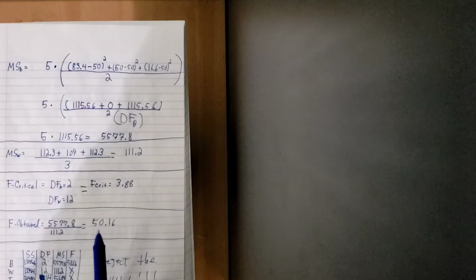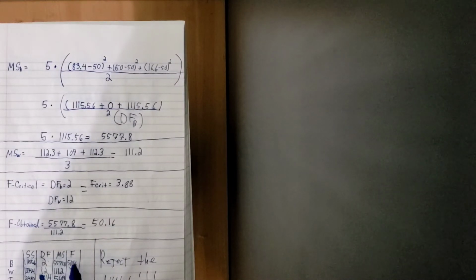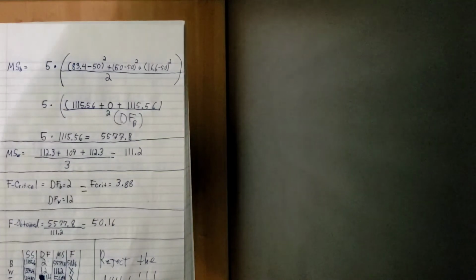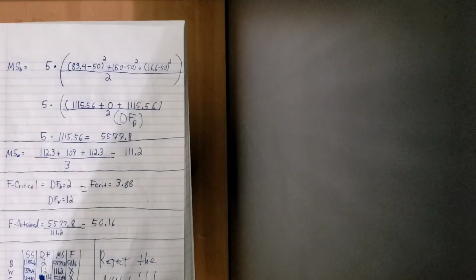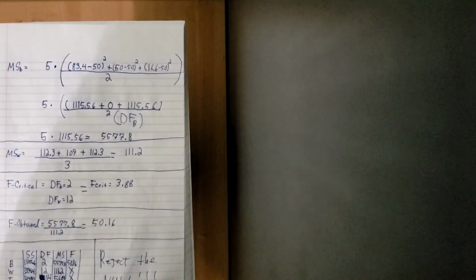Also, for future reference, your F times your MS within will give you MS between as well. As far as your totals, they will be used for different effect sizes, which we will be completing starting next week's classes after test 2. Okay?